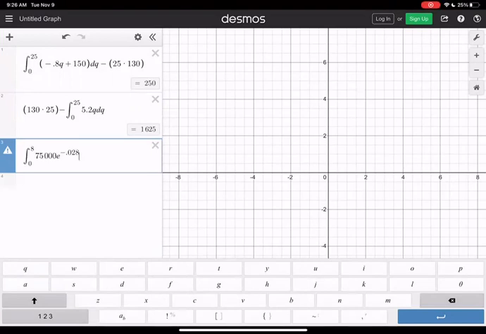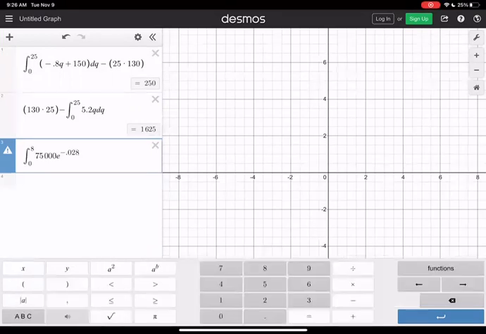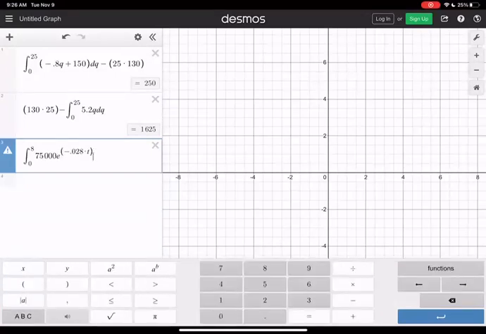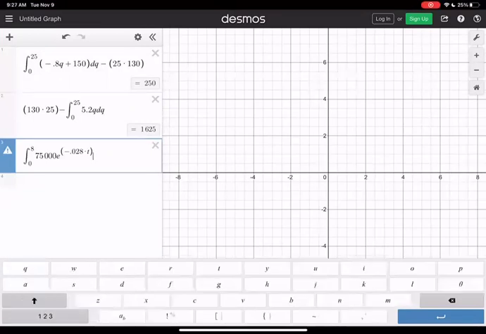I'm going to put parentheses so it knows to stay in that exponent, and then end with dt.